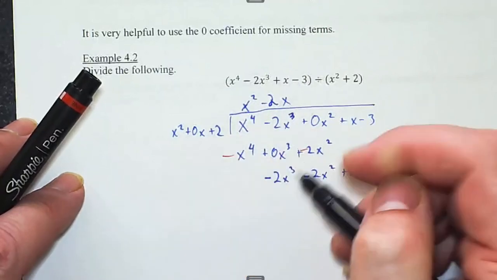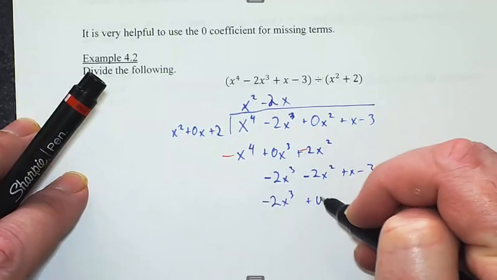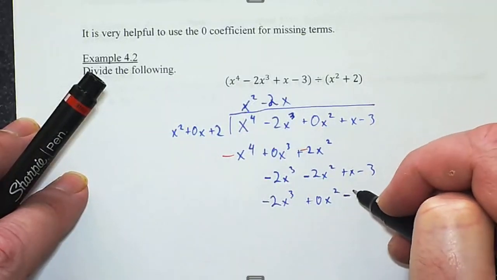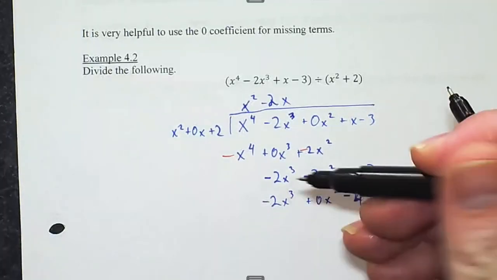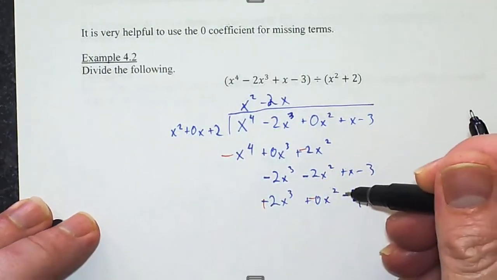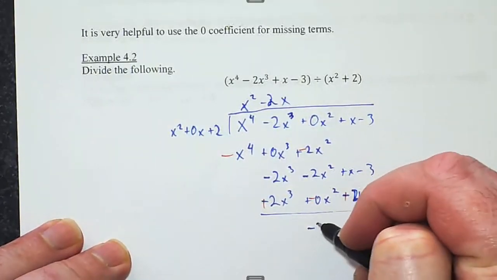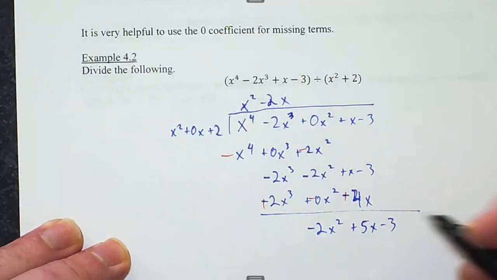So negative 2x times x squared is a negative 2x cubed. Negative 2x times 0x is a 0x squared. Negative 2x times 2 is a minus 4x, excuse me. But I've got to change the signs for the subtraction. And that gives me a negative 2x squared plus 5x minus 3.